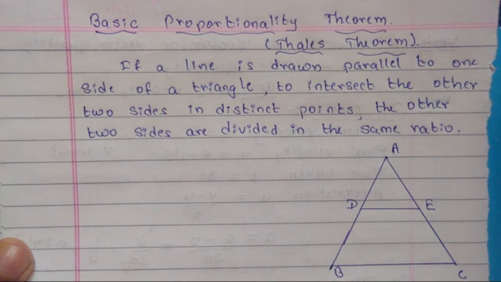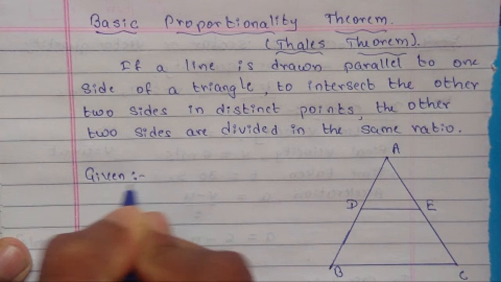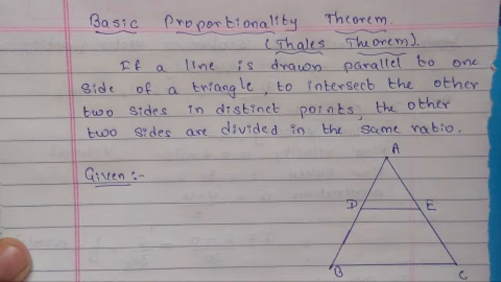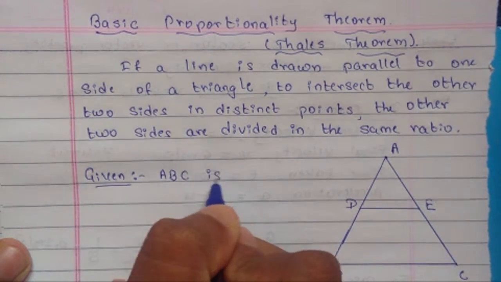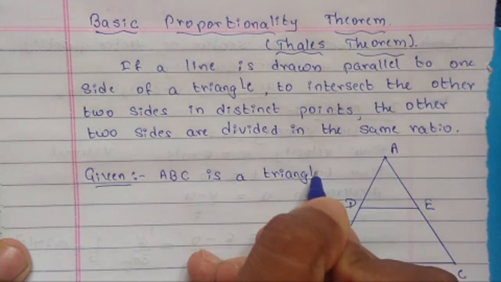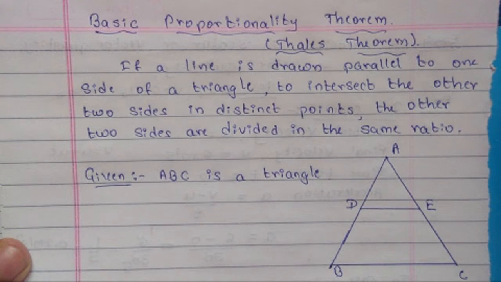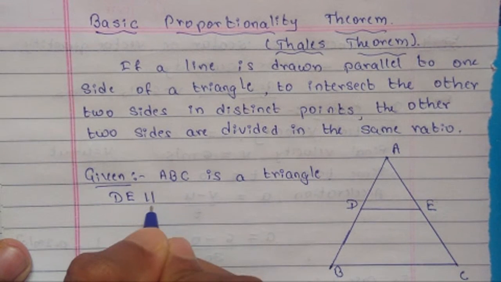First I will write the given data. This is a very important theorem. Okay, listen carefully. Given: ABC is a triangle. First one, ABC is a triangle, and the next point given is DE is parallel to BC. This is the parallel symbol.